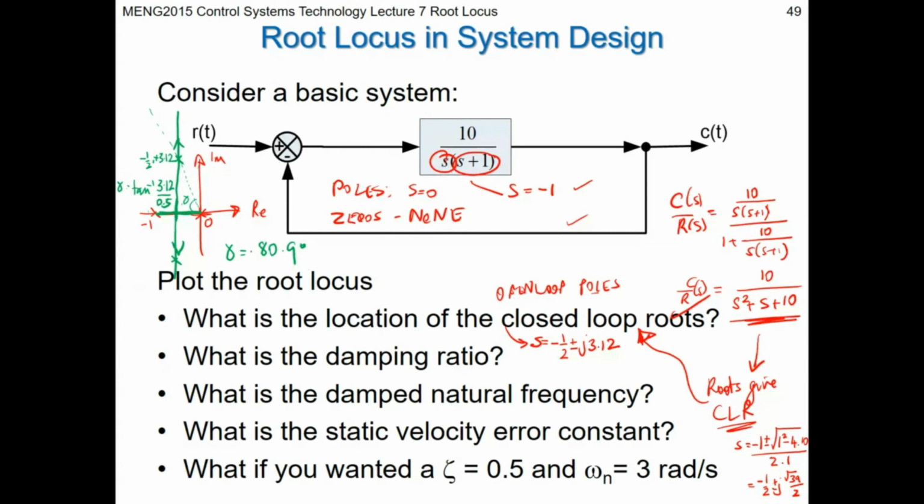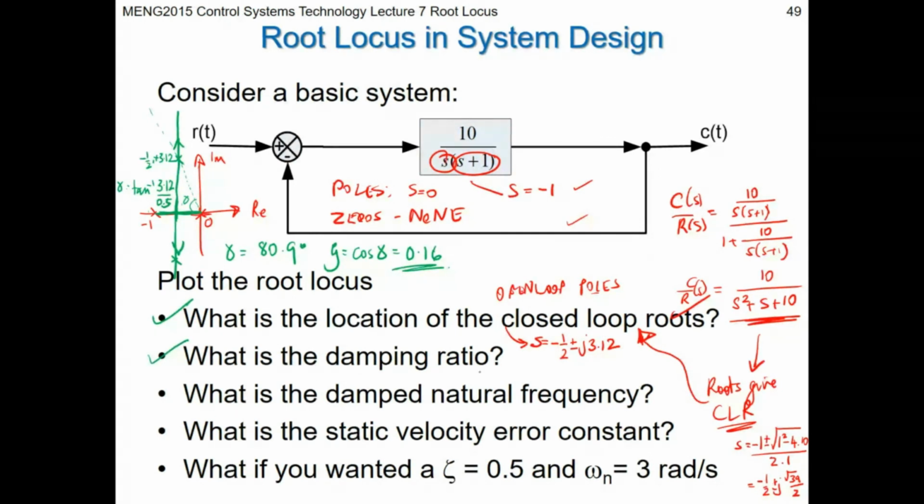This is a very large angle, which means it's going to be a very low damping ratio. Zeta is equal to cosine of gamma, which is about what we'd expect, 0.16. So we've got our location of our closed loop roots, and we've got our damping ratio.